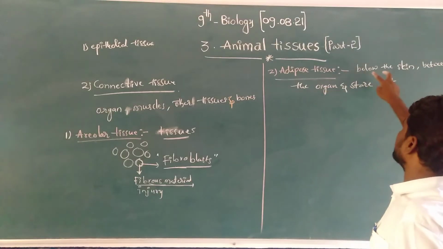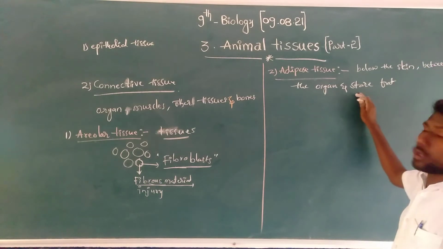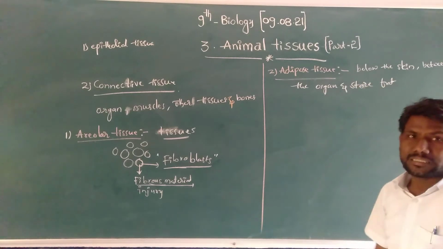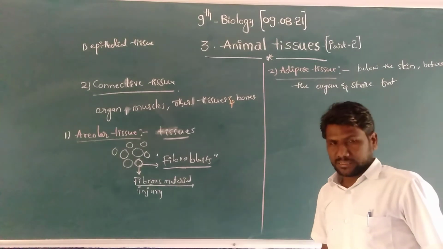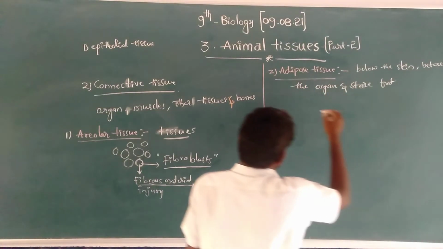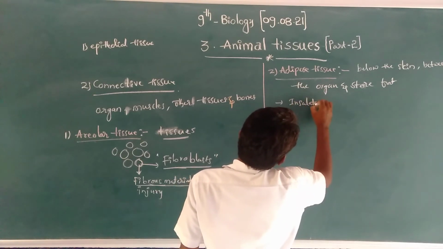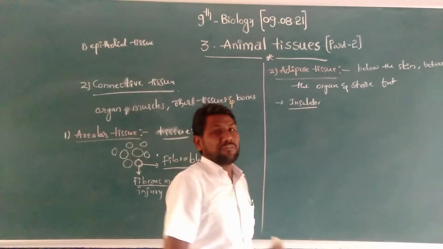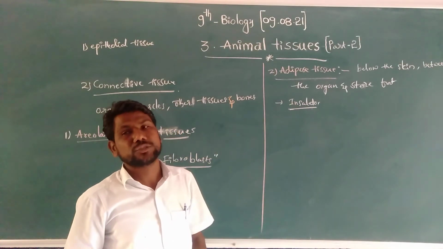The connective tissue which is present below the skin and between the organs, and stores fat materials, is called adipose tissue. Fats are stored in adipose tissue, and it acts as an insulator. Why? Because it prevents the loss of heat from our body. That's why it acts as an insulator.